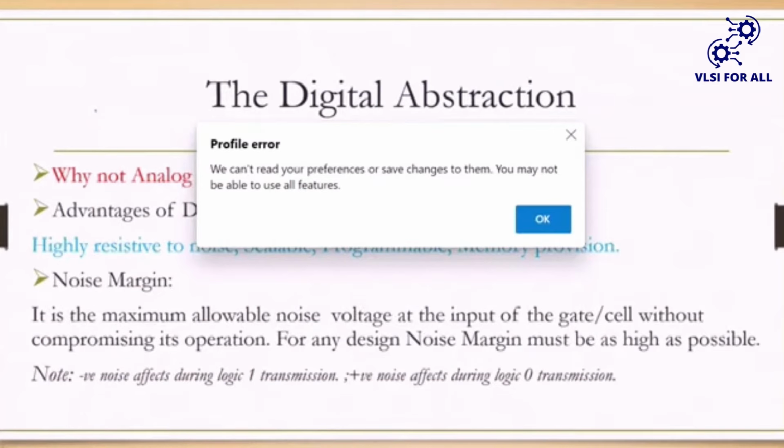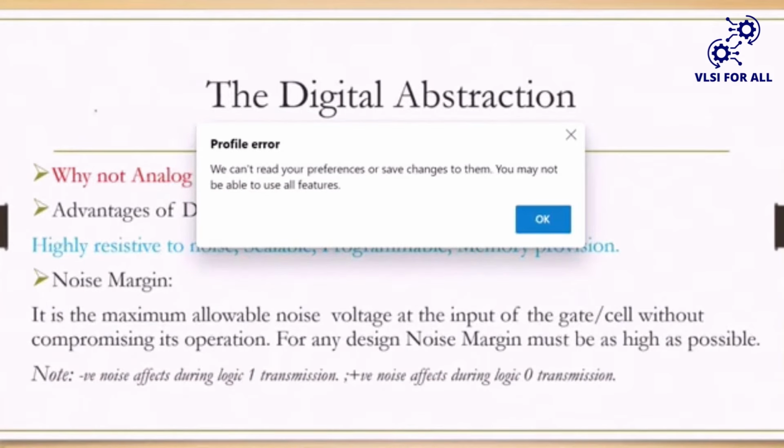But if it is more than 1 volt, then definitely there will be a change. That's why we conclude that for a particular cell, the noise margin must be as maximum as possible. That is the bottom line. So remember team, for a particular design, the noise margin must be as maximum as possible.